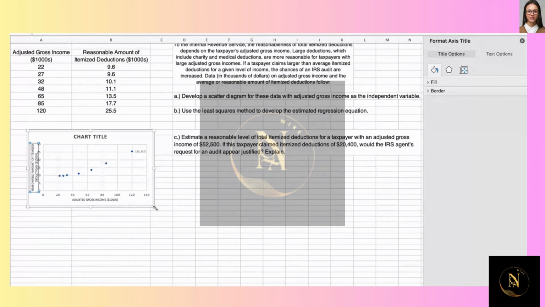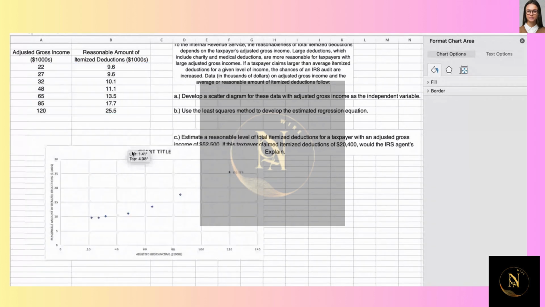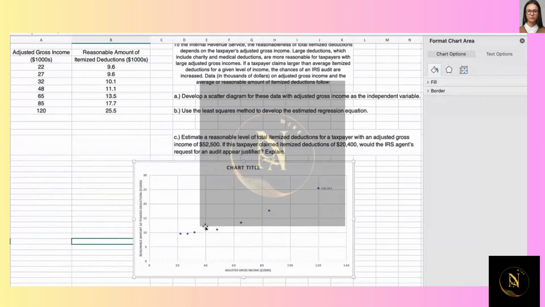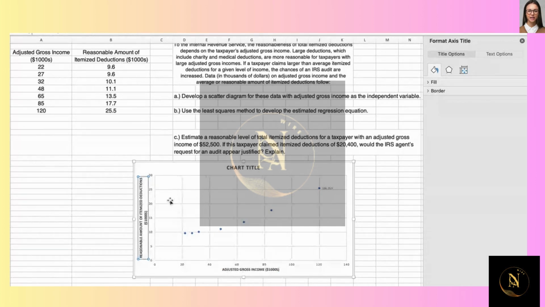Okay, and I'm just going to make this bigger so that it can spread out a little bit. All right, and let me bold this. So I'm going to bold this and make this bigger, and bold this and make this bigger.